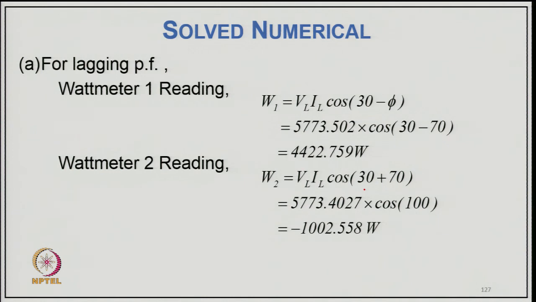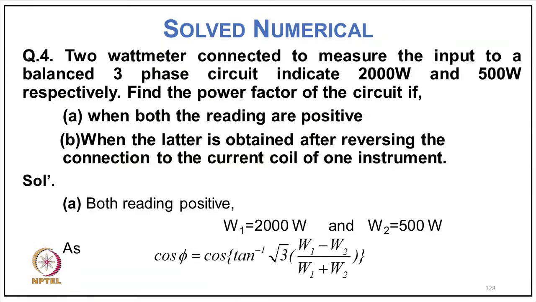Now for lagging power factor, wattmeter 1 reading will be W1 equals VL IL cos(30 minus phi), that is 5773.502 into cos(30 minus 70), that is 4422.759, and wattmeter 2 reading W2 equals VL IL cos(30 plus 70), that is 5773.502 cos 100, that is minus 1002.558.